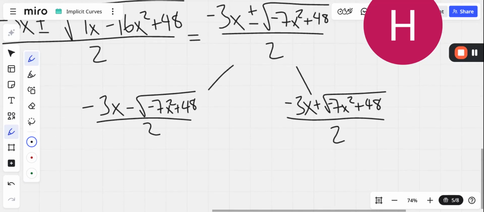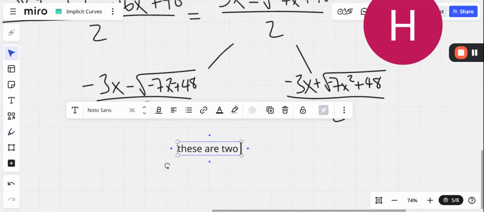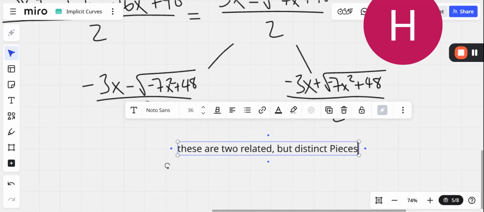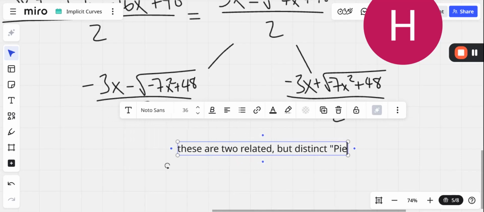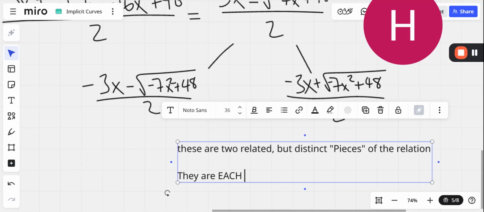And these represent two related but distinct pieces of the relation. They are each functions of x. I think that's just the best way to say it.